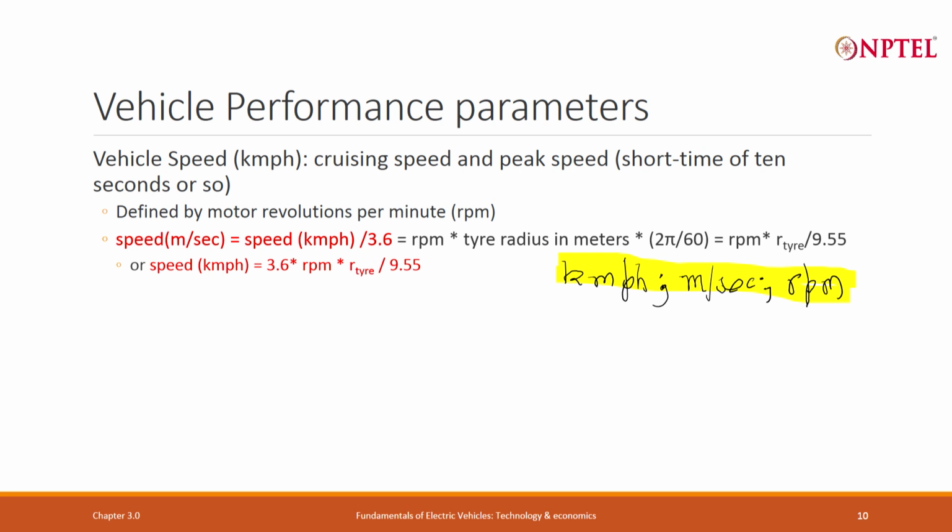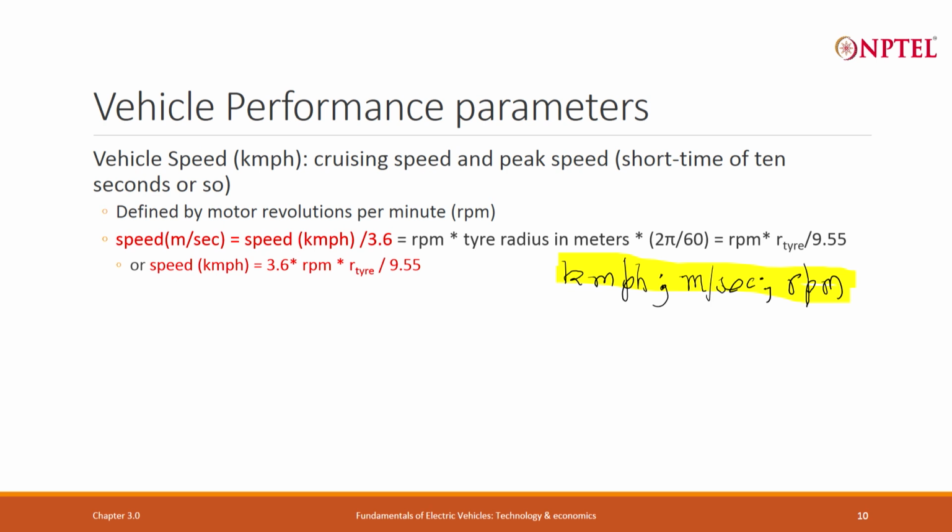And please look at this, very important: speed should be defined in meters per second, but most of the time it is defined in terms of RPM, revolutions per minute. Of course, speed can also be defined in kilometers per hour. You often talk about vehicle speed in kilometers per hour.